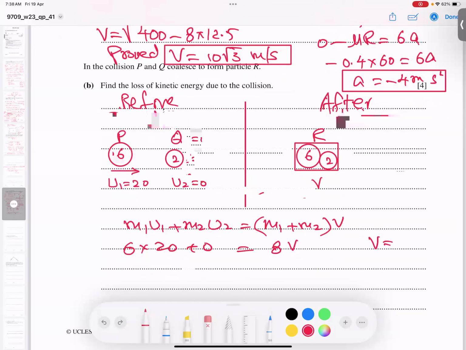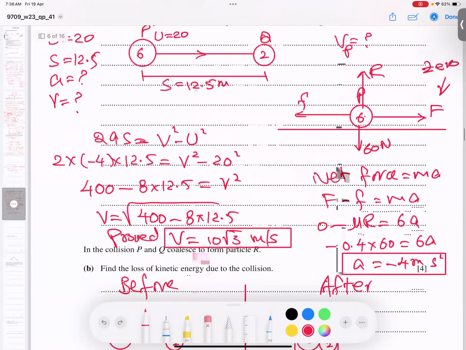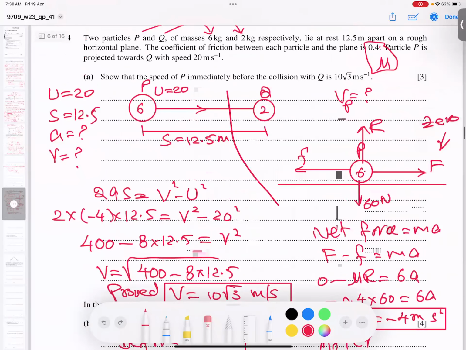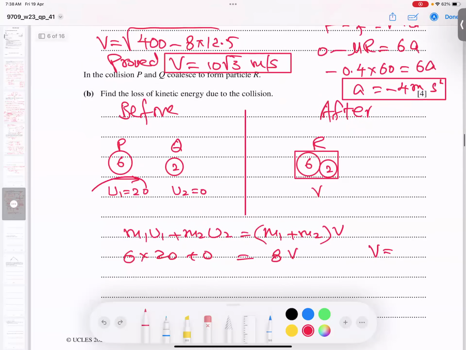Yeah, wait a minute. Okay, one minute. I think there's one mistake here. This is the launching speed. When it's just before hitting, the speed is 10 root 3. So we have to take this speed, not that.